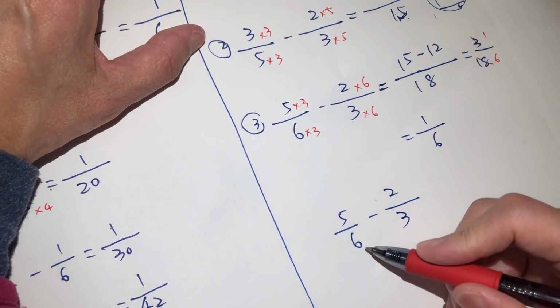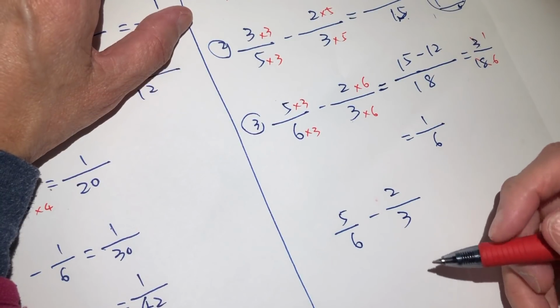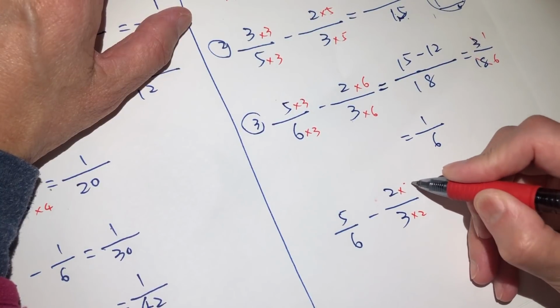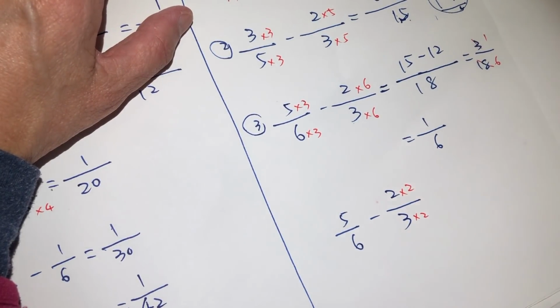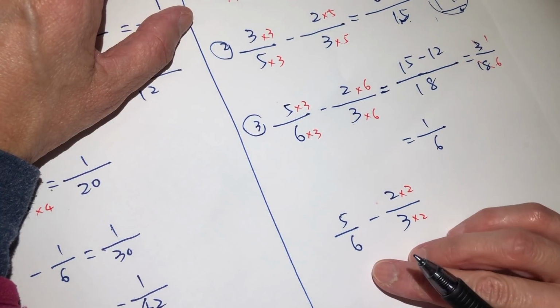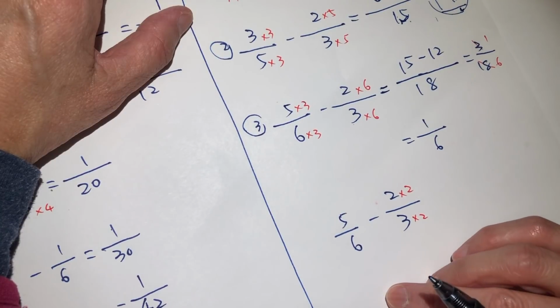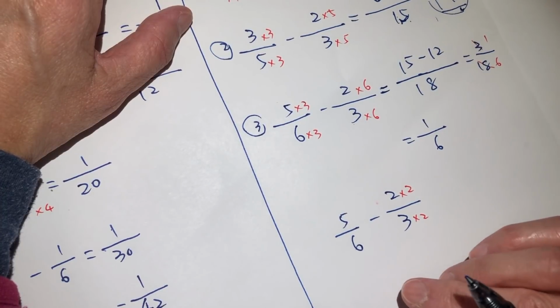What do we do? 6 and 3, there is a relation, right? 3 times 2, we get 6. So 6 does not need to times 3. We can find the least common multiple.